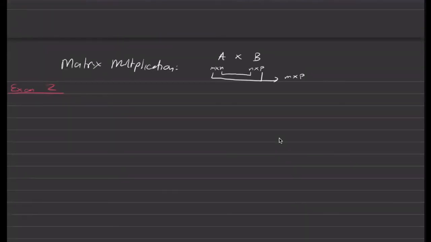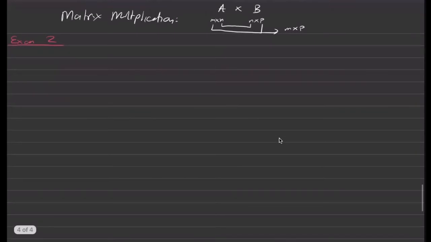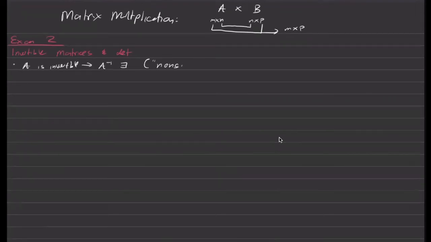Okay, so let's start off our discussion by talking about invertible matrices and the determinant. So when we say that A is invertible, what that means is that the inverse of A exists, and we can also call this non-singular.